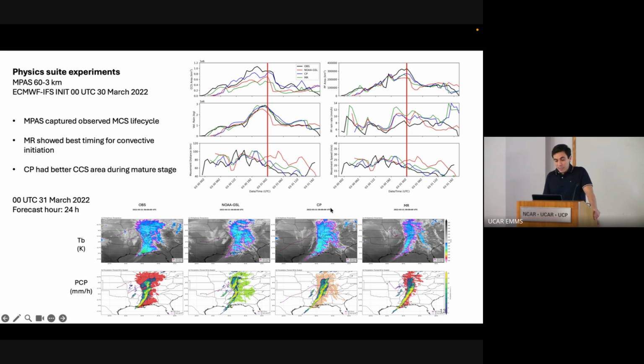The differences are not too much in terms of the storm structure at this time during the well-developed stage. Both CP and MR showed a closer pattern in terms of brightness temperature. And I would say that CP is slightly better at this time than the other two.